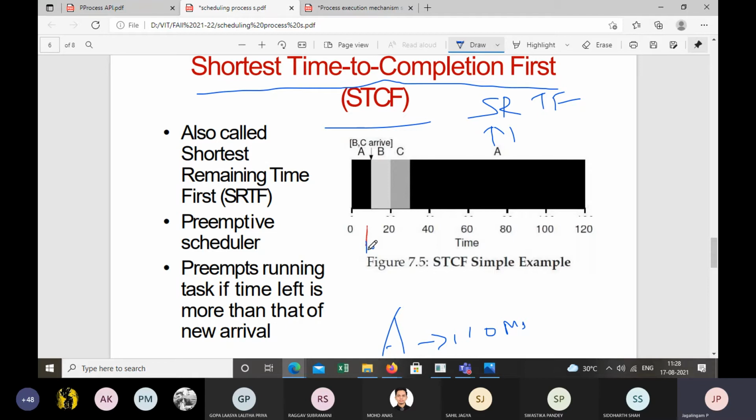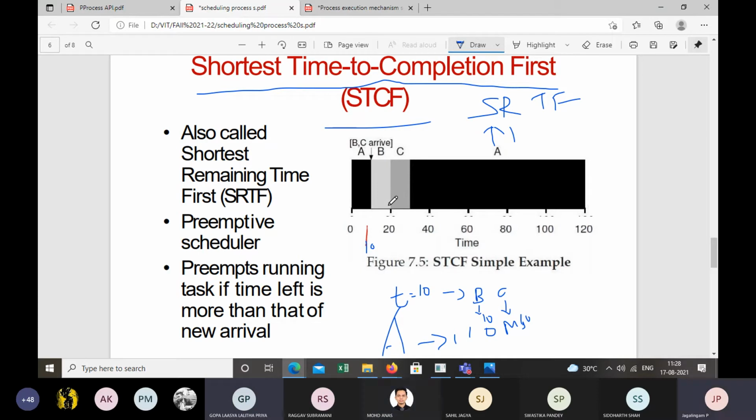When process A completes the execution for 10 milliseconds, at time t equal to 10, we have process B and C arrive to the system, and process B needs 10 milliseconds and process C needs 10 milliseconds. Now what happens to the execution of process A? It stopped or continuing? It gets stopped and B and C execute.